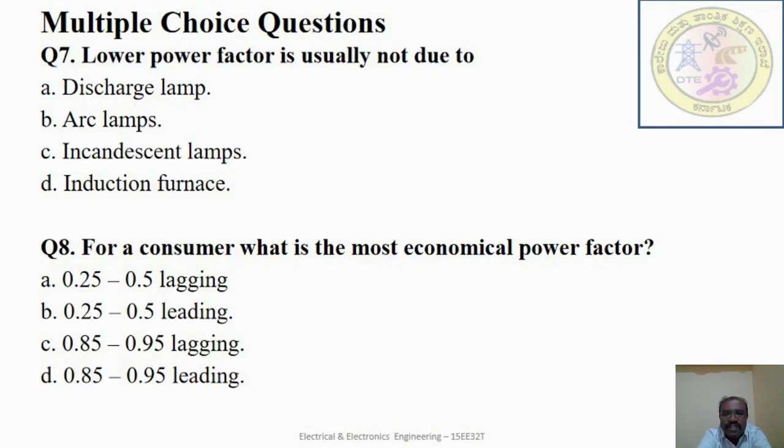For a consumer, which is the most economical power factor? The option is C, 0.85 to 0.95 lagging. Usually the utilities will suggest the consumers maintain approximately 0.95 lagging power factor.